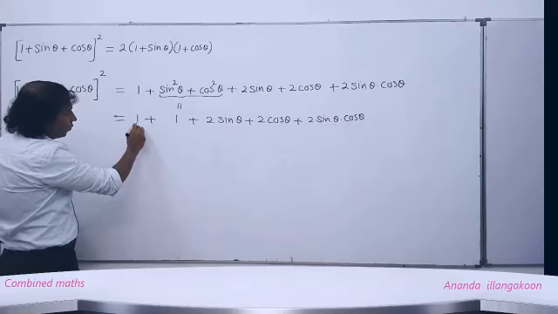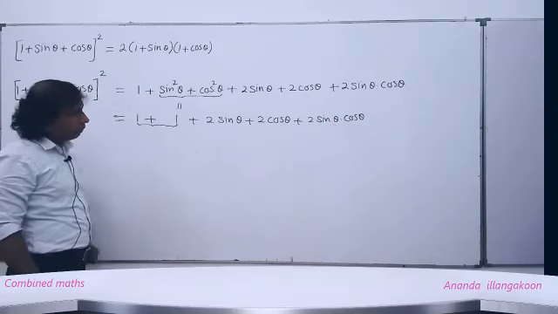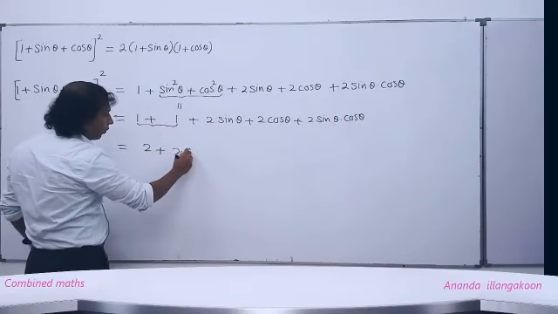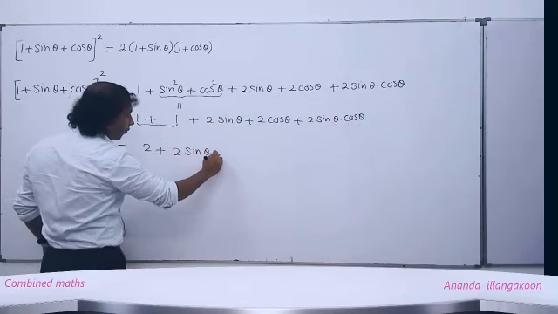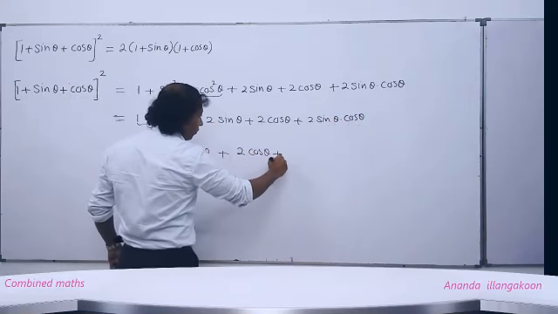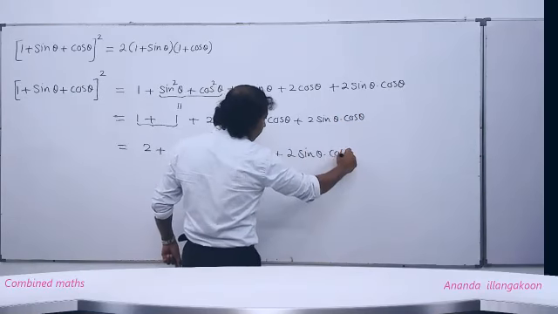People, now this one and this one together make 2, no? Then this is 2 plus 2 sin theta plus 2 cos theta plus 2 sin theta cos theta.